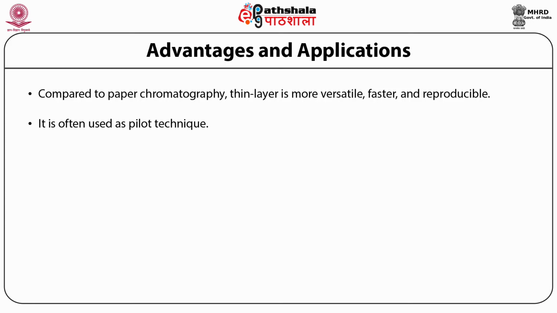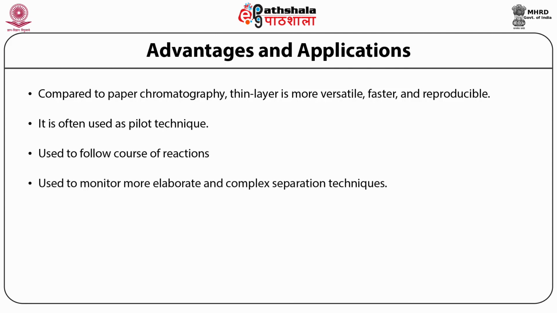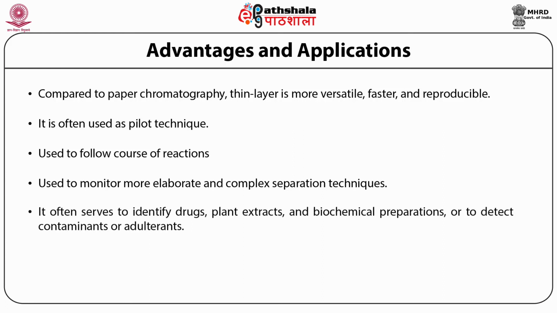Because of its speed and simplicity, it is often used to follow the course of reactions or to monitor more elaborate and complex separation techniques. Thin layer chromatograms often serve to identify drugs, plant extracts, and biochemical preparations or to detect contaminants or additives.